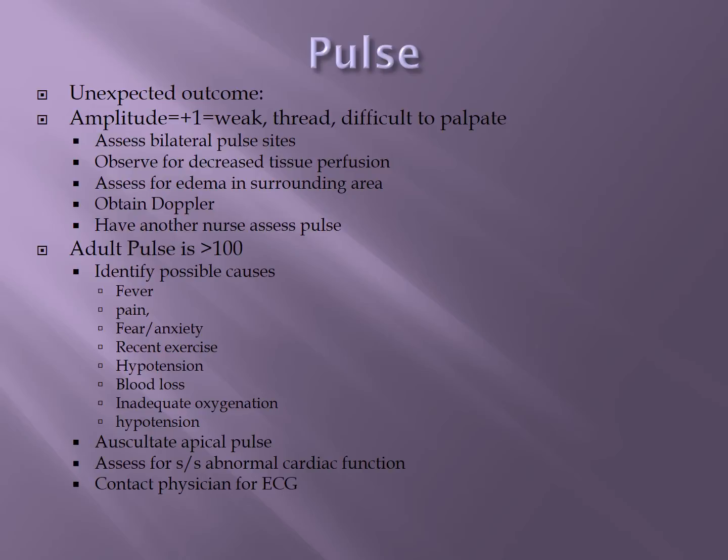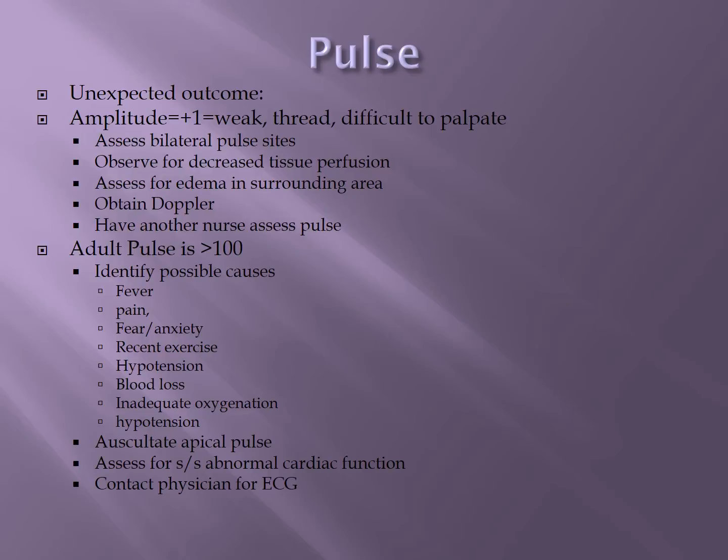Inadequate oxygenation. If their pulse ox is low, okay, if their pulse ox is 65, the heart's going to speed up, as well as the respirations are going to speed up to try and get more oxygen and nutrients going to the cells that need to be fed: the heart, the brain, the lungs, the kidneys.